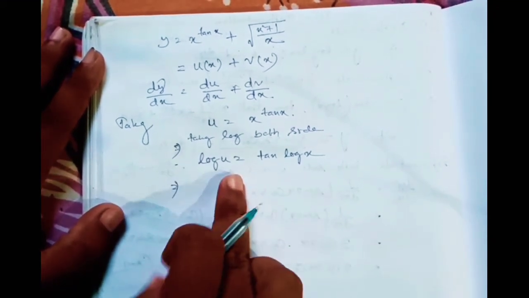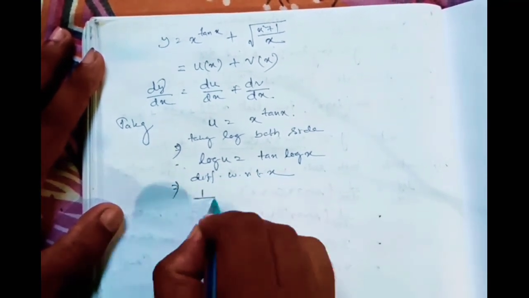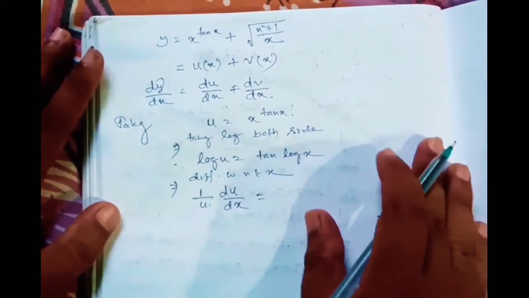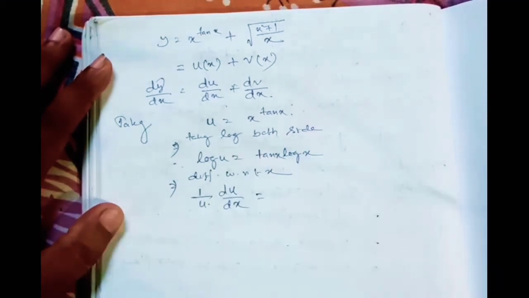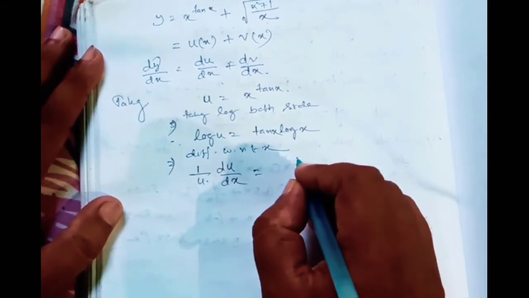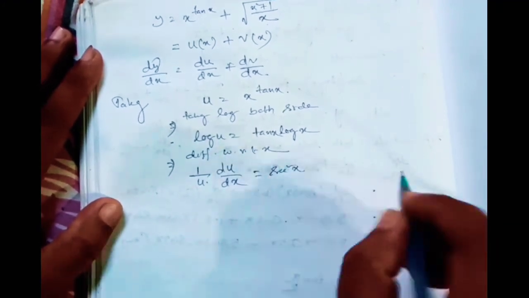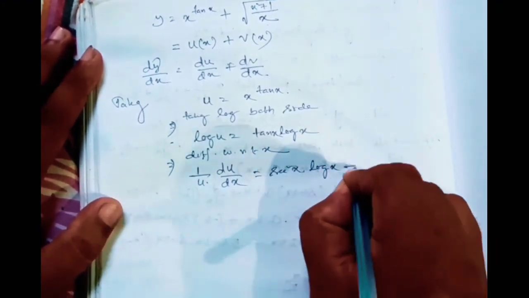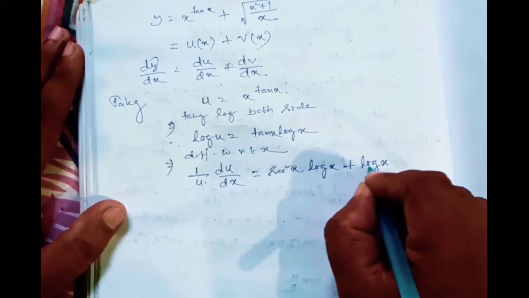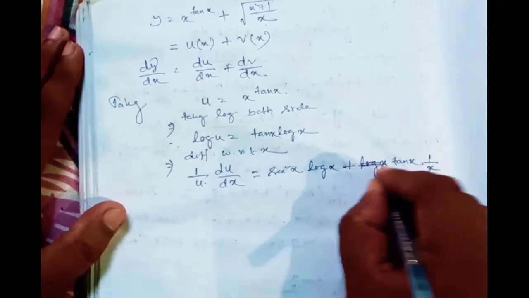Now differentiate with respect to x, what are we getting? 1 by u into du/dx equals d/dx of 10x, which is sec square x into log x, plus 10x into d/dx of log x, which means 1 by x.